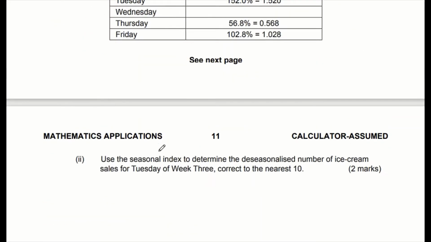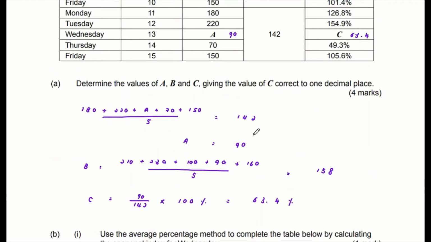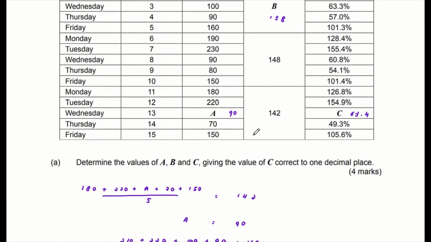Use the average percentage method to complete the table by calculating the seasonal index. In this case, it depends on you whether you want to use the 5 to minus off all these values, or alternatively calculate it by using the average percentage method.